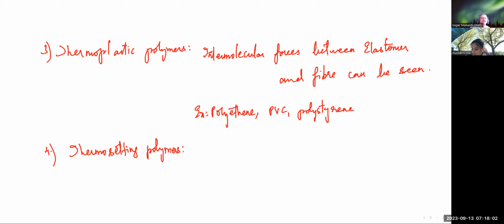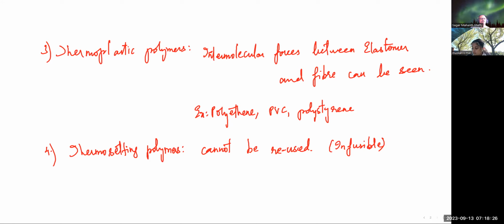So basically, these kinds of polymers cannot be reused. You can't use them again, and they are infusible, so you can't soften them on heating.